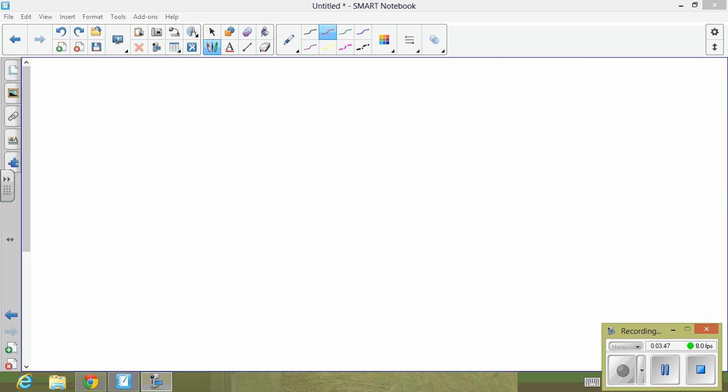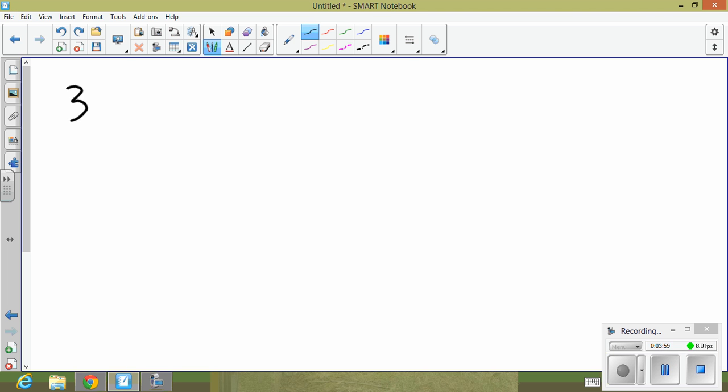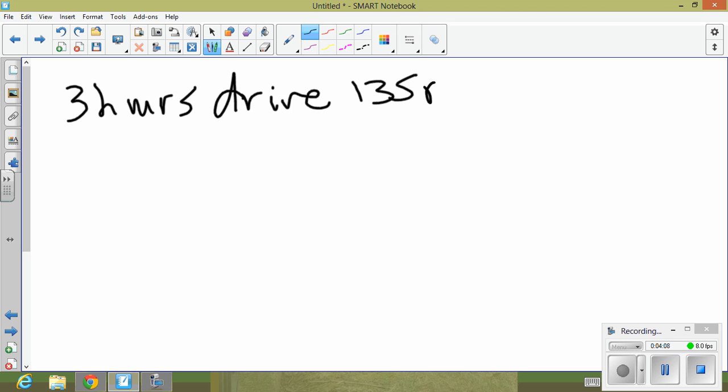I want to determine if the two ratios are equivalent. So here's our new scenario. On the first day, it takes me 3 hours to drive 135 miles.